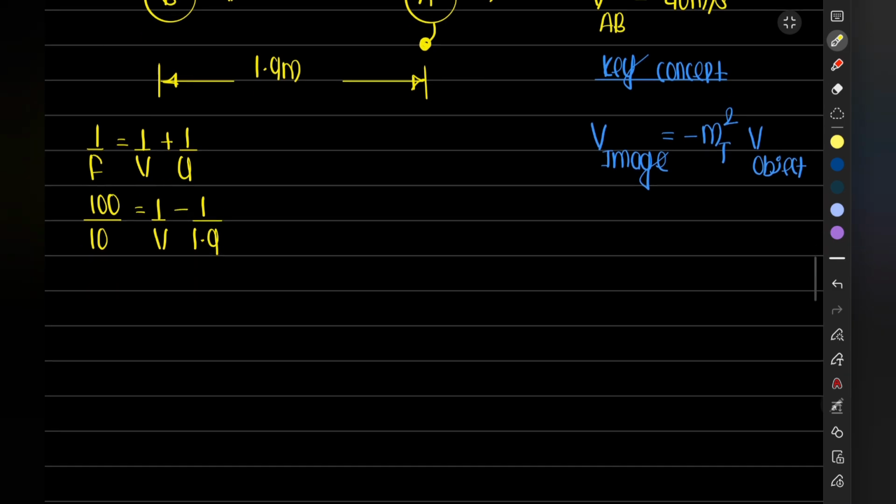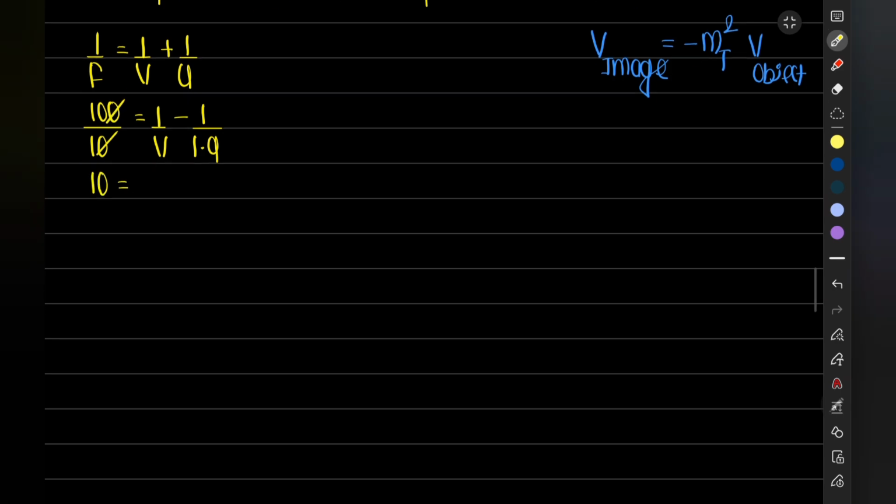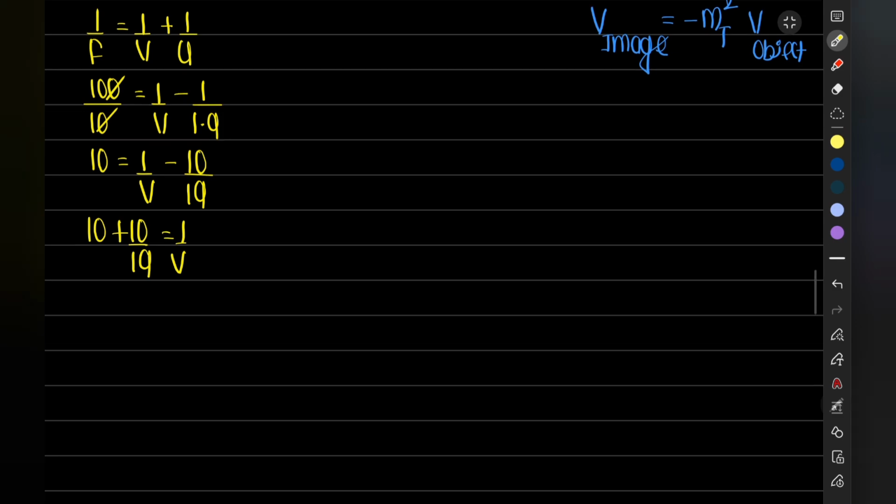All distances I have kept in meter. After simplification, the zeros will get cancelled out. It will be 10 is equal to 1 by v, it will be 10 by 19. So 10 plus 10 by 19 is equal to 1 by v.